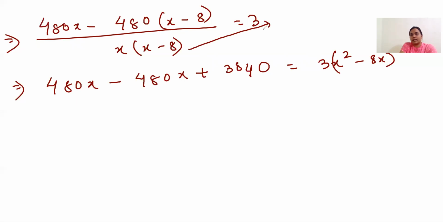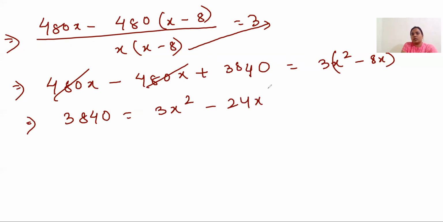We'll take this thing to that side. This 480x and 480x will get cancelled. So 3840 is equal to 3x squared minus 24x. This implies that 3x squared minus 24x minus 3840 is equal to 0.